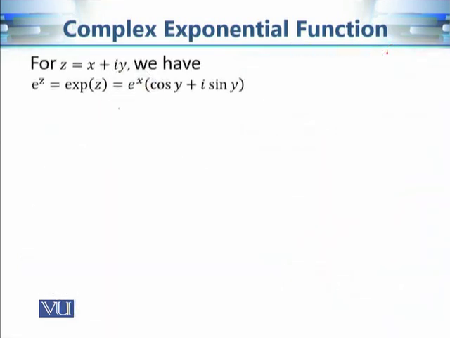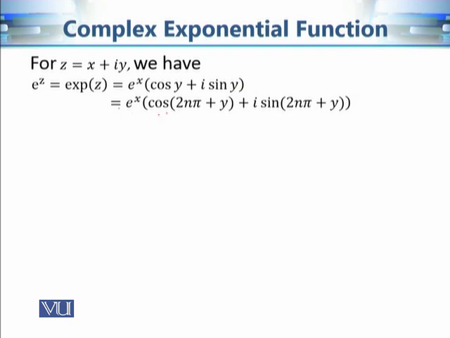So remember, we know that if z is equal to x plus iota y, then the exponential function is equal to e raised to power x times cosine y plus iota sine y. Now remember, these are periodic functions. So in other words, we can write cosine of y plus 2n pi, and sine y can be written as sine of y plus 2n pi.